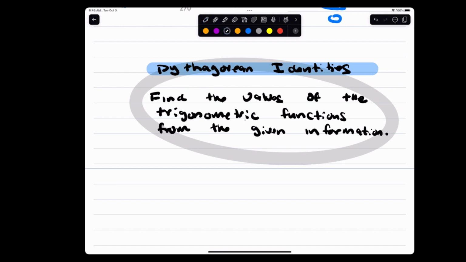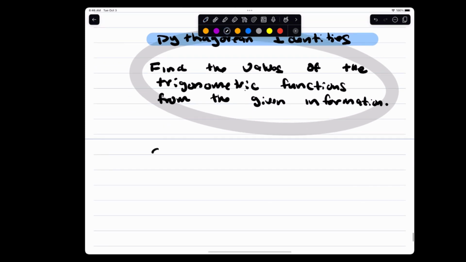They'll give you some information, like for example, let's say cosine theta is 3/5. Nope, I apologize. Negative 7/12, and theta is in quadrant 3, okay?